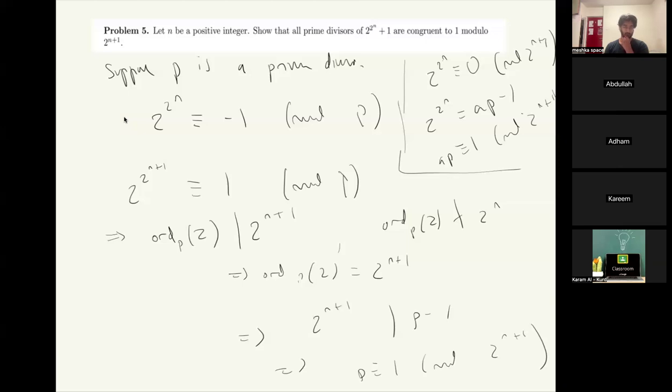But if we suppose that 2 to the order is not equal to 2 to the n plus 1, we have two cases. K is less than n plus 1, or k is bigger than n plus 1.